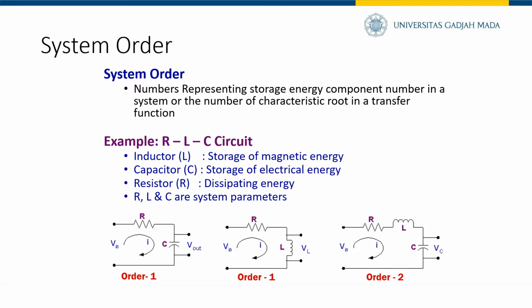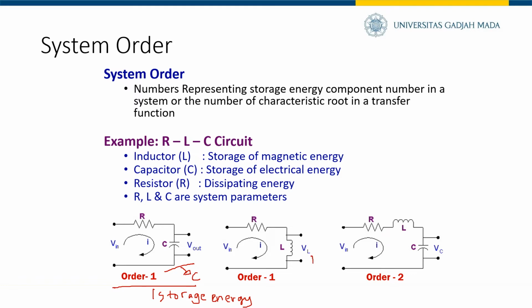In this system, we have the first system. We call it a first order system. Why first? Because it only contains one storage energy. What is the storage energy here?